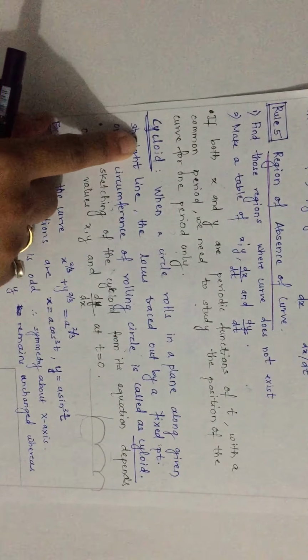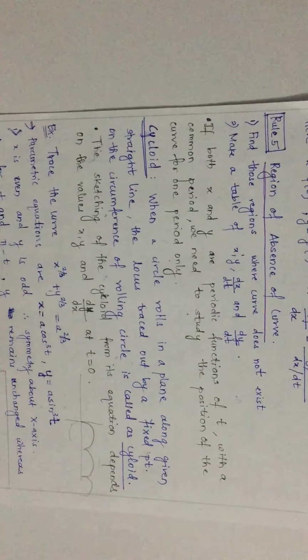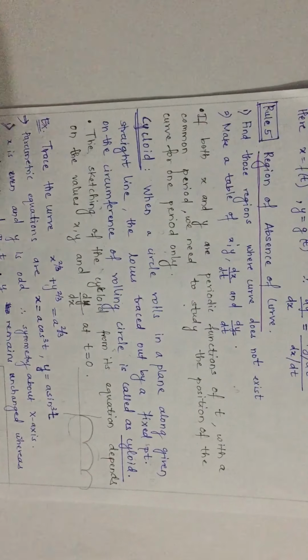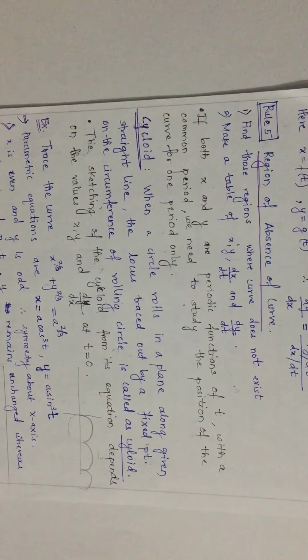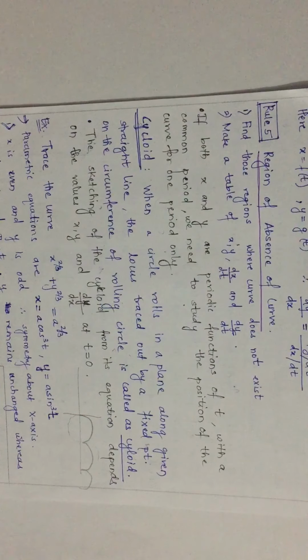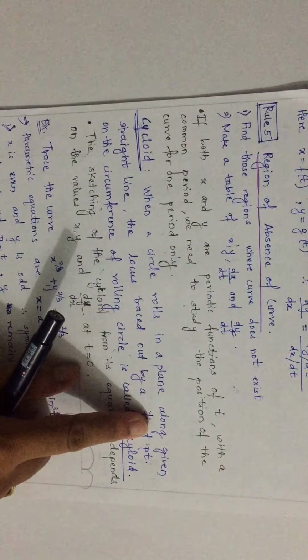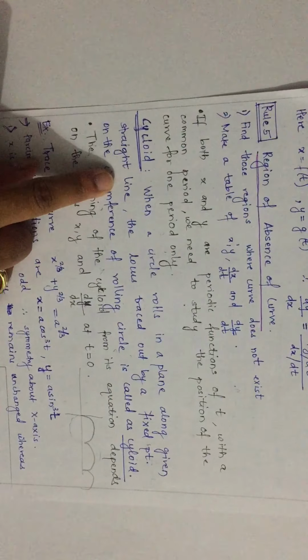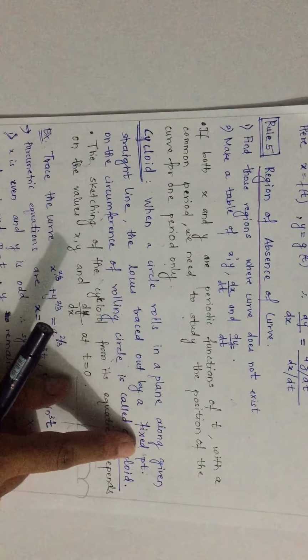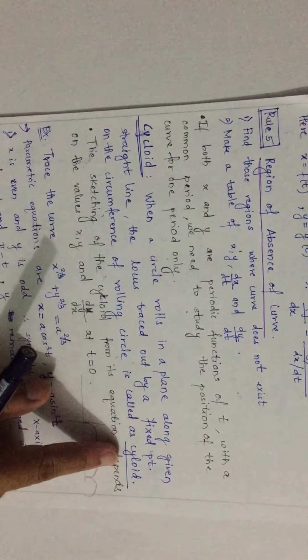The definition, that is cycloid. What is a cycloid? When a circle rolls in a plane along a given straight line, then the locus traced out by a fixed point on the circumference of the rolling circle is called a cycloid.